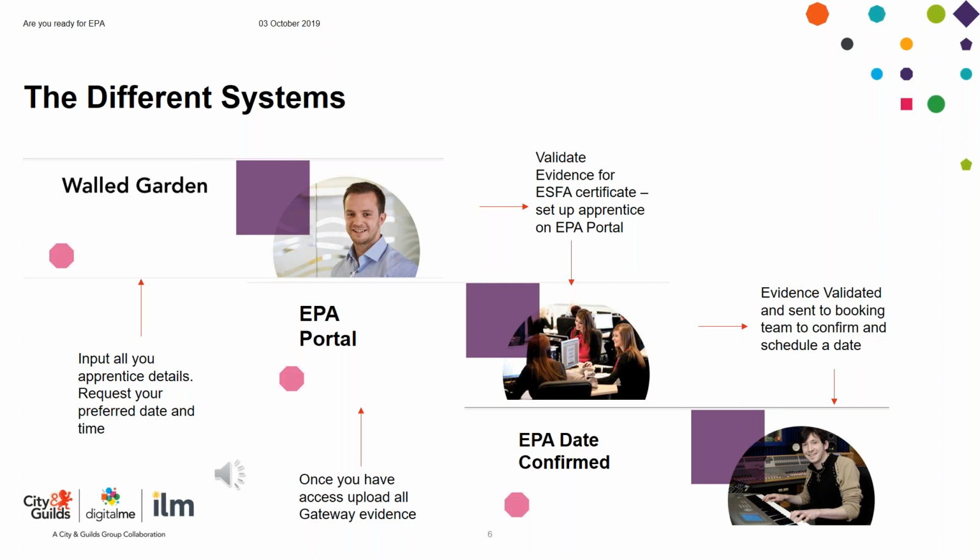For the hair and barbering standard, this would be your learner's appointment schedule for the day of the endpoint assessment. This must be uploaded 10 working days prior to the endpoint assessment taking place. We will then finally use the last system of Walled Garden again to issue you with your learner's result within 20 days of the endpoint assessment taking place.